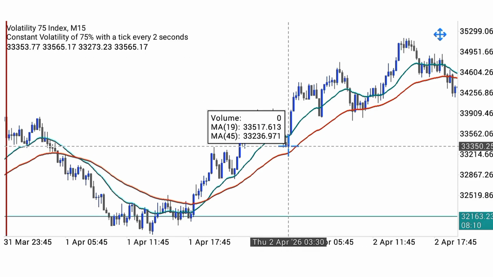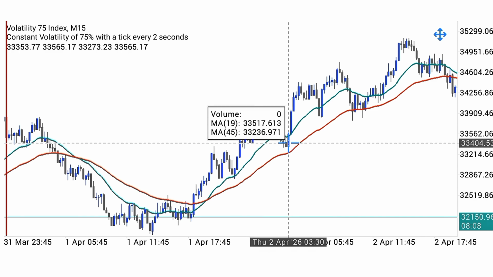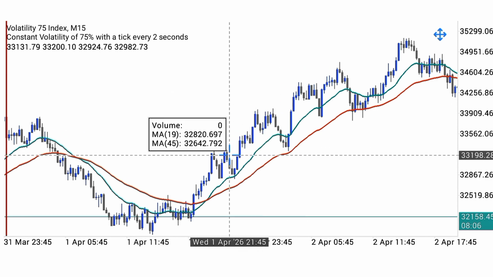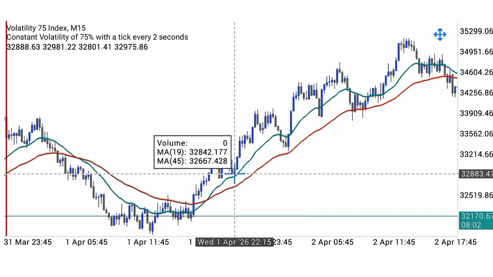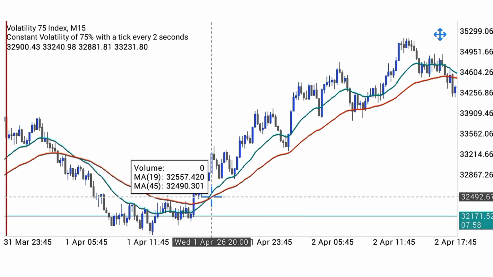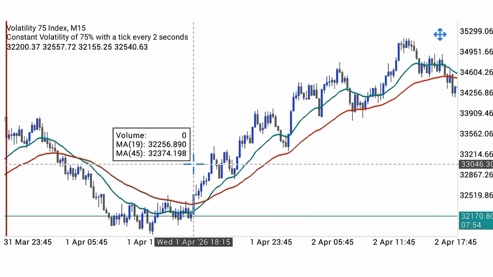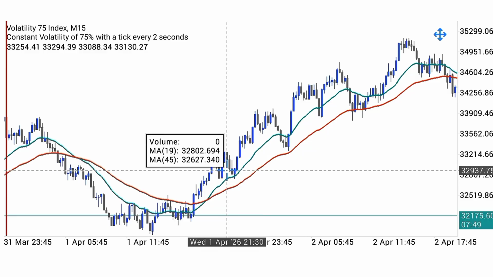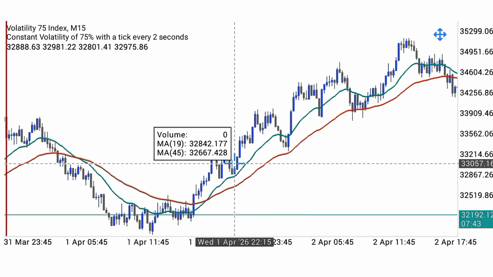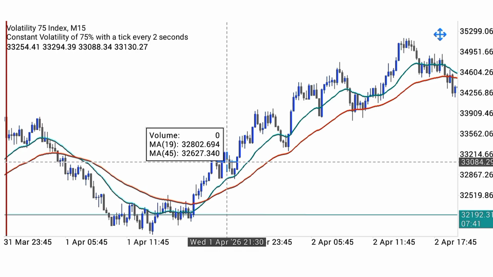It's still hard to come down to this point to find a bullish candle. So when you see the market touch the moving average, the first touch of the moving average after the crossover, I repeat, the first touch of the moving average after the crossover, that is the moving average signal that you're going to take.